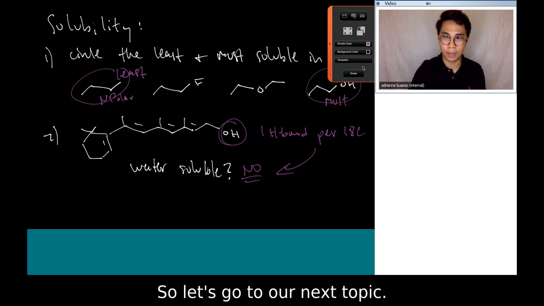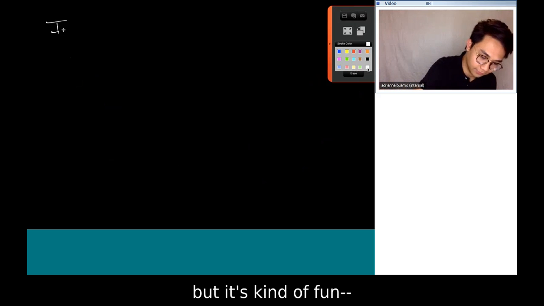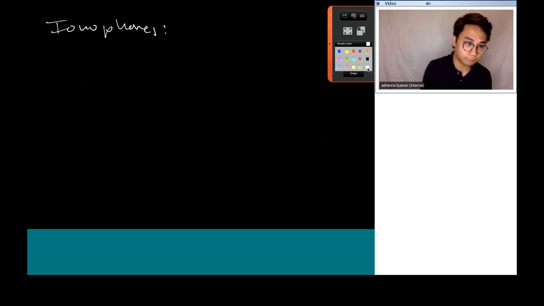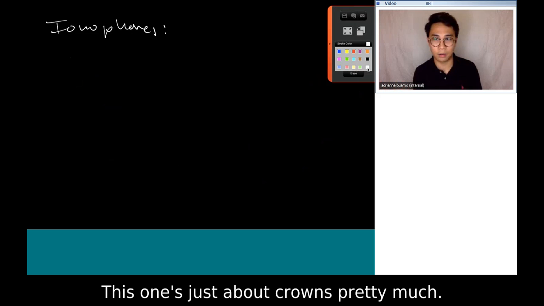Okay, so let's go to our next topic, and just kind of introducing it, but it's kind of fun. Ionophores. This one is just about crowns, pretty much.